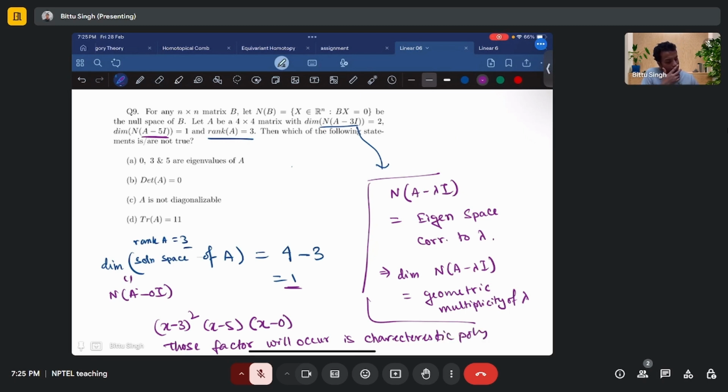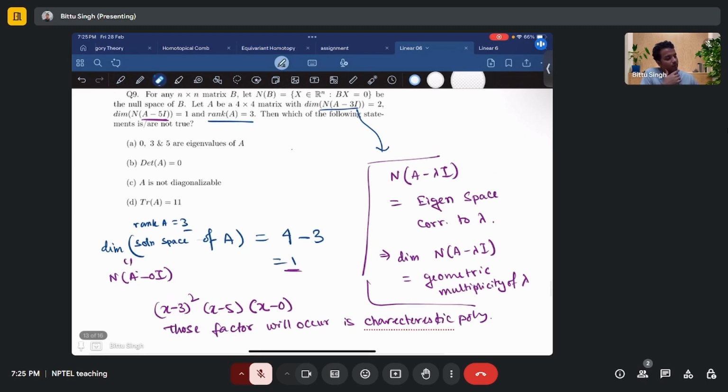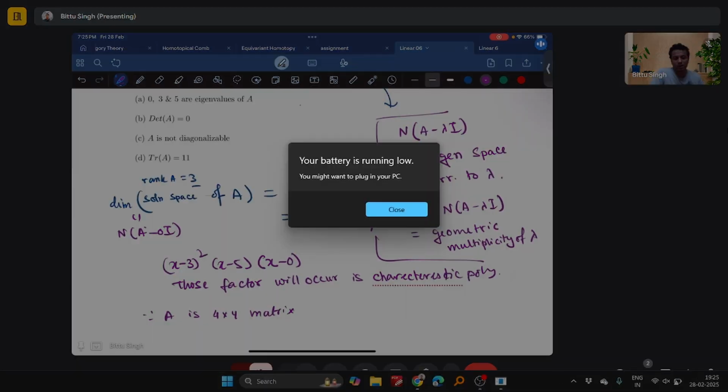Polynomial, but it is a 4 by 4 matrix, right? Since A is a 4 by 4 matrix, this is the characteristic polynomial.